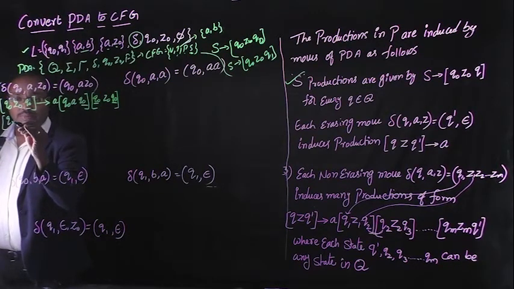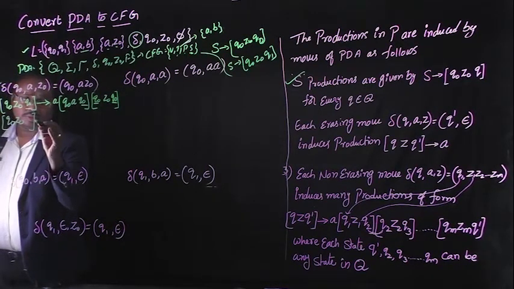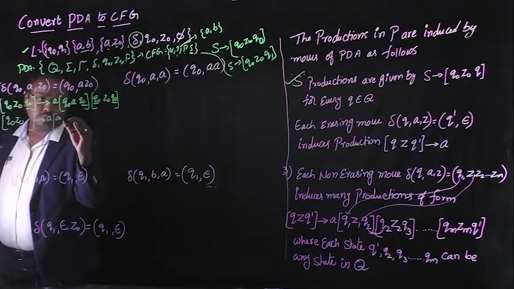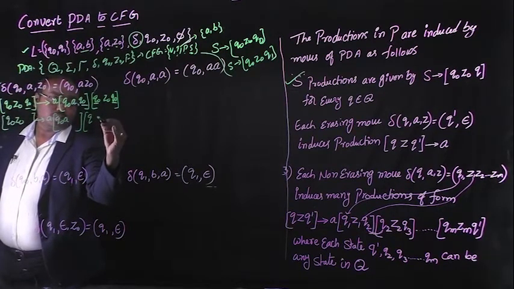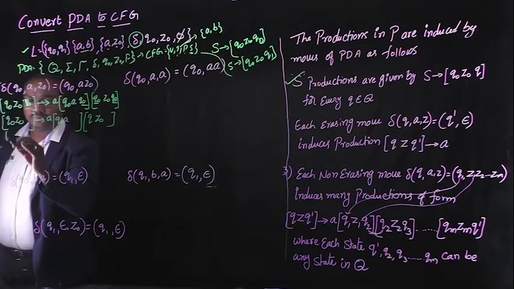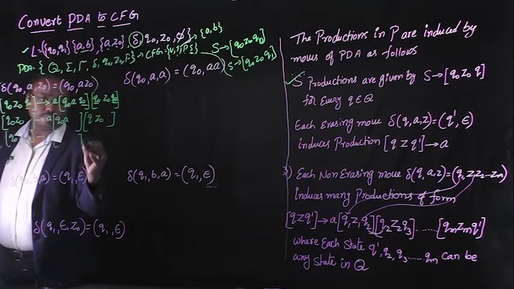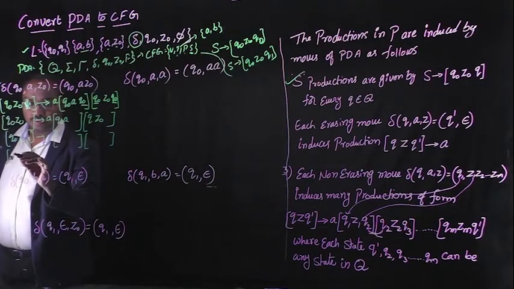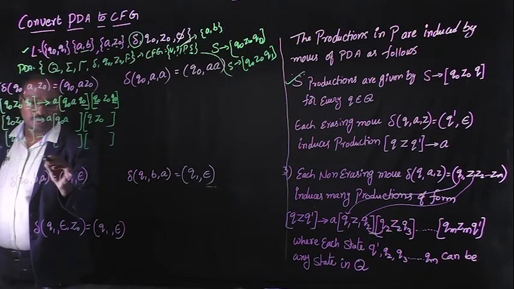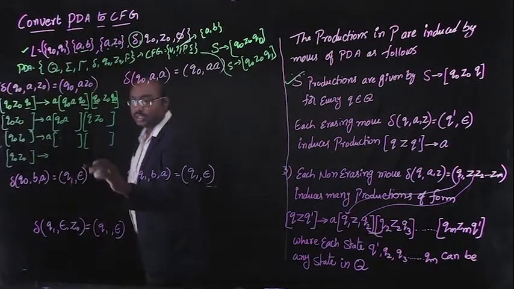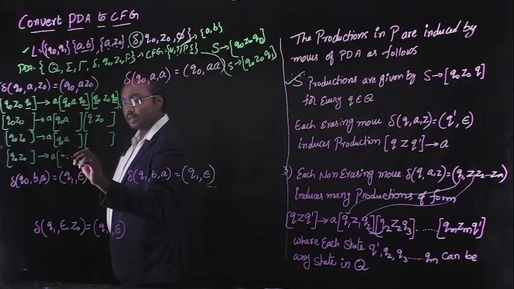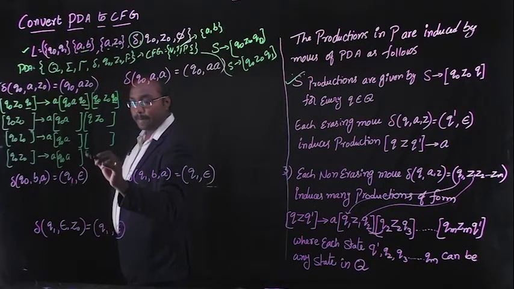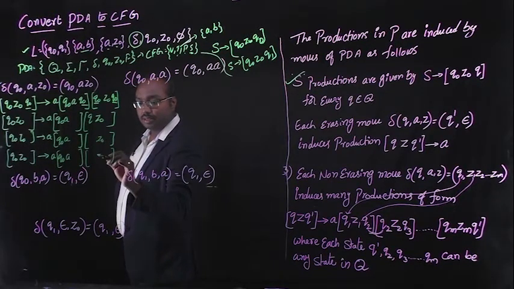Then the remaining productions: q naught z naught tends to a q naught a, z naught. q naught z naught tends to a, q naught a, and stack symbol z naught.